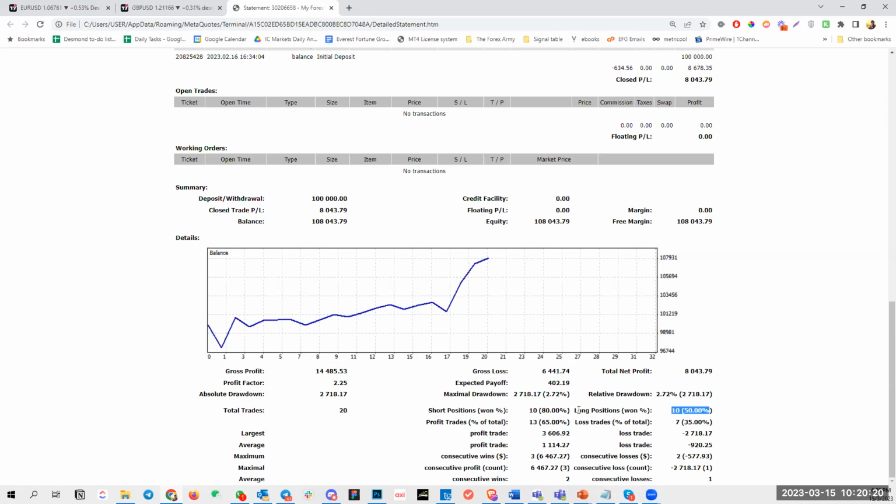Most of our trades were profitable, a nice 65% hit rate. Pretty good risk reward: average profit is 1147, average loss is 920. So we managed to make pretty decent money with this setup.